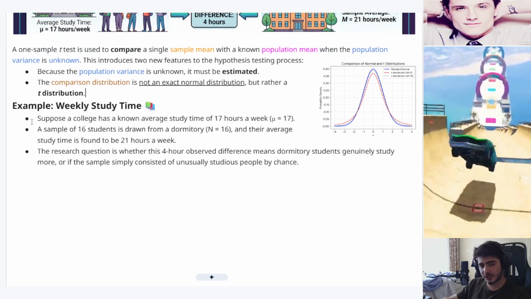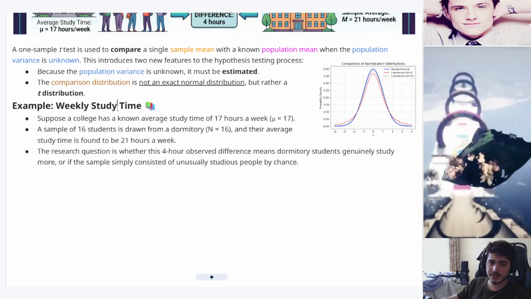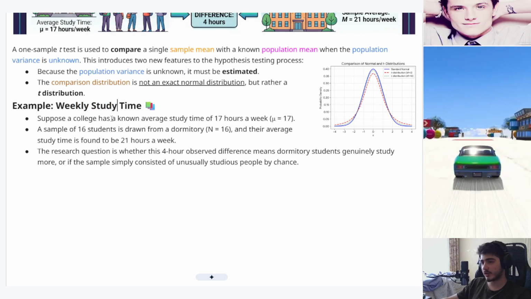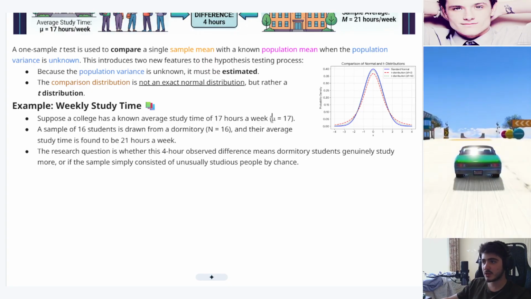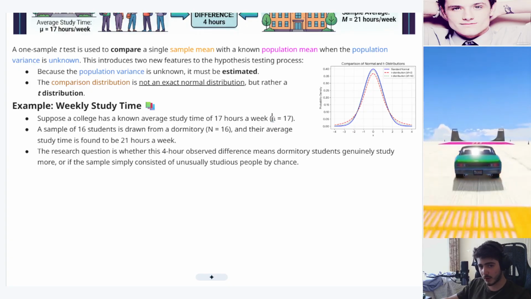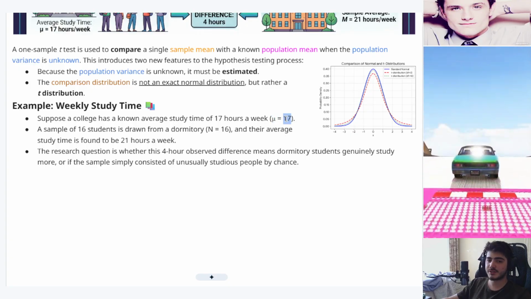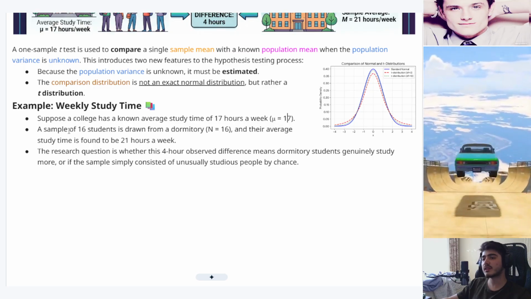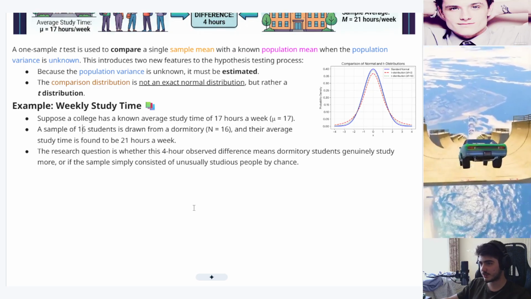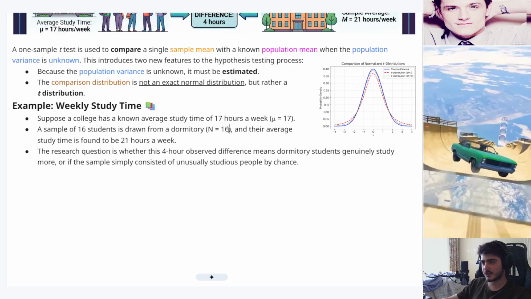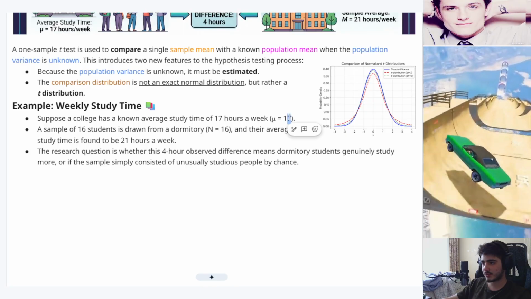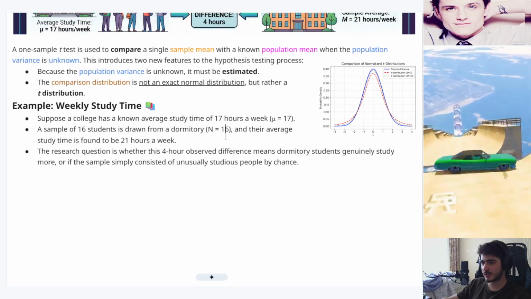So let's take an example of weekly study time. Let's suppose a college has a known average study time of 17 hours a week. Our mu, or the population mean, is 17 in this case. A sample of 16 students is drawn from a dormitory, and our sample size is 16. Our mean is 17, and our sample size is 16.